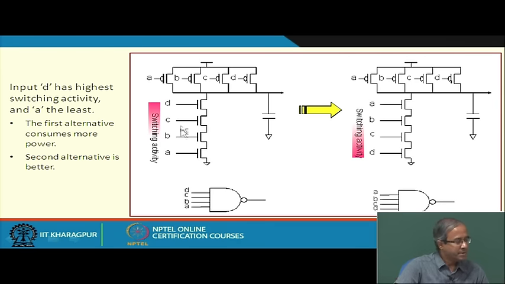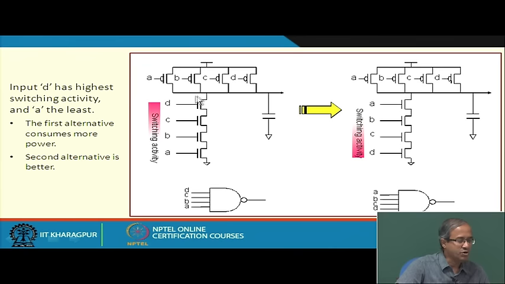Now, the observation here is as follows. Here we have only shown the load capacitance, but as I said, there will be a capacitance with each of these intermediate nodes.